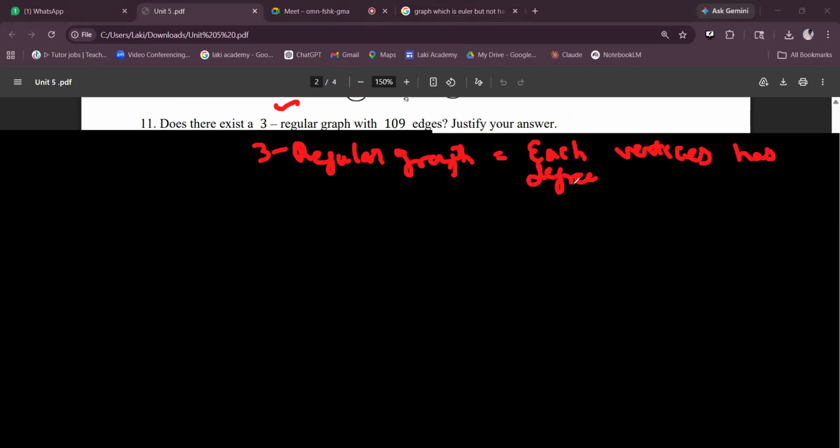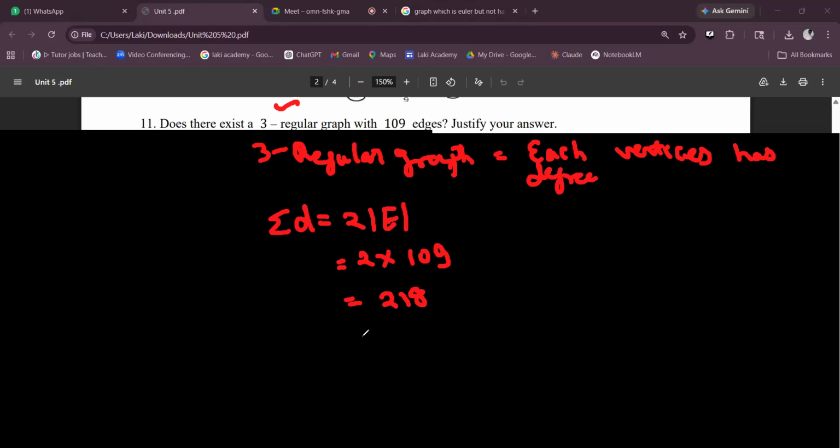If it is a two regular graph, then you can say each vertex has degree 2. Right? But you don't know how many vertices there are. Let's see. The sum of degrees is equal to 2 times the number of edges. Now 2 times the number of edges is what? 218, right?